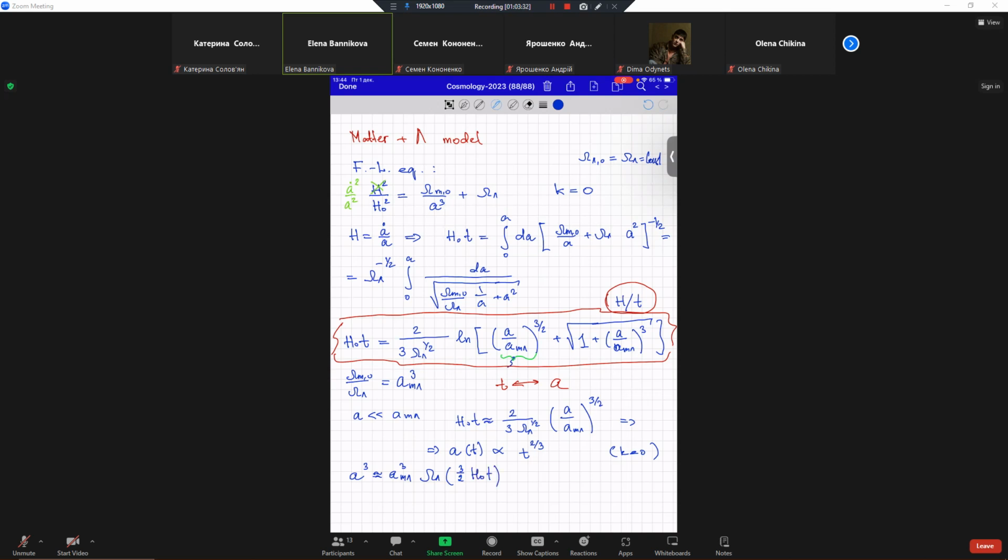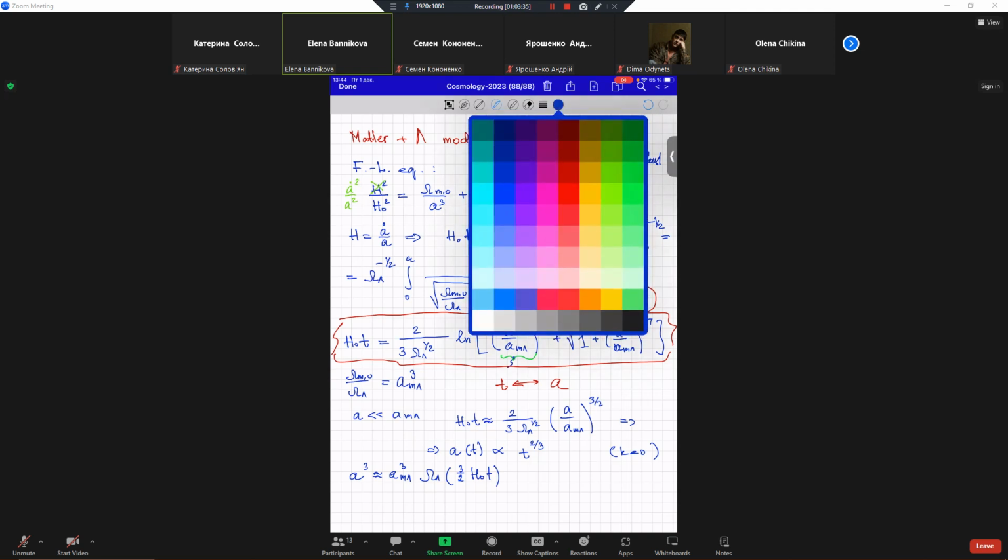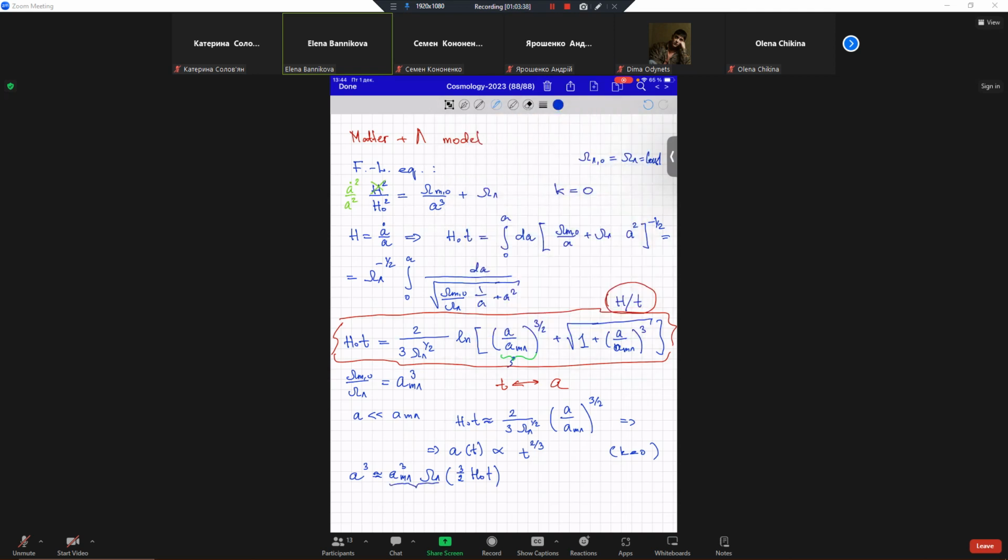And since this is omega_m0, we can write a more exact, approximately exact expression, like 3 divided by 2 H0 squared t, omega_0 to the power 2 divided by 3.